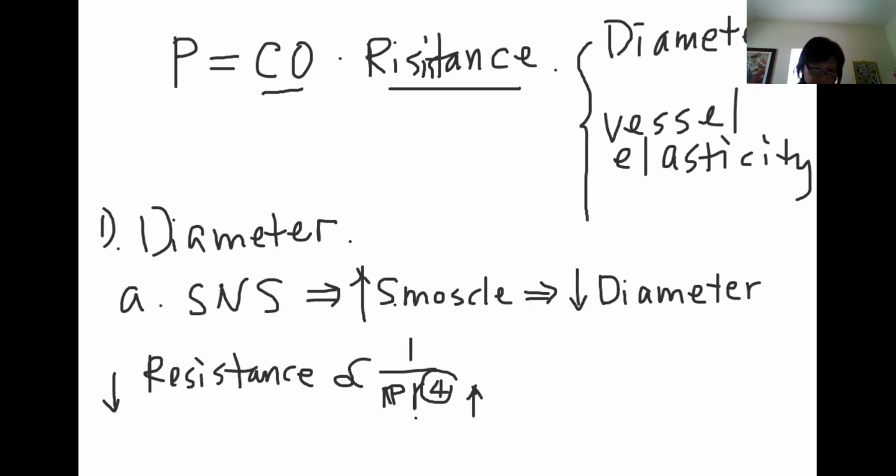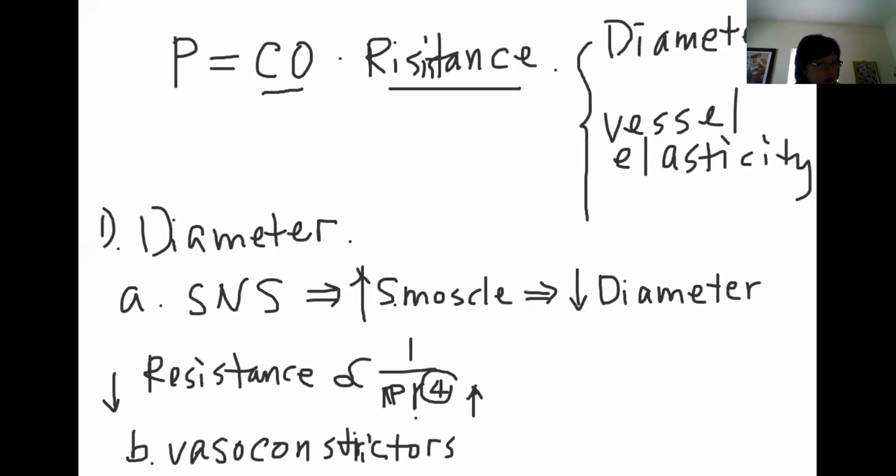That's the first thing. The sympathetic innervation can change the diameter. Number two is there are some chemicals called vasoconstrictors, like norepinephrine, which you already know, and vasopressin. Have you heard about this before?